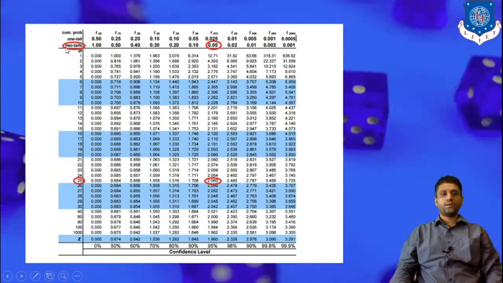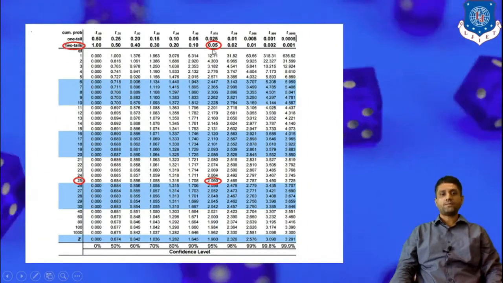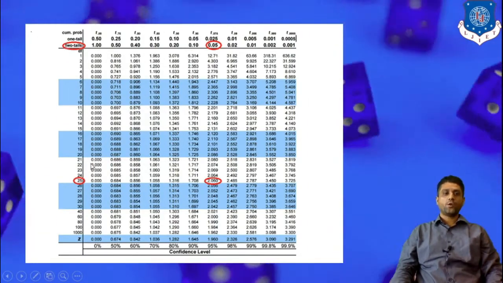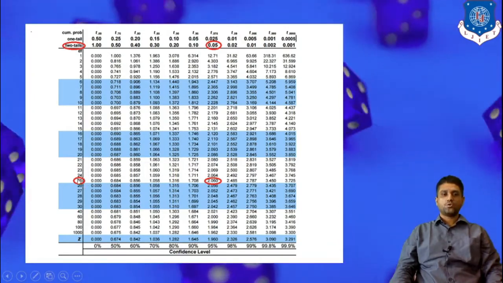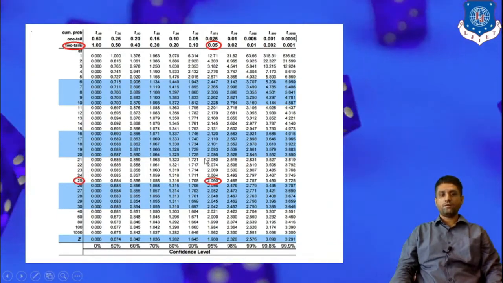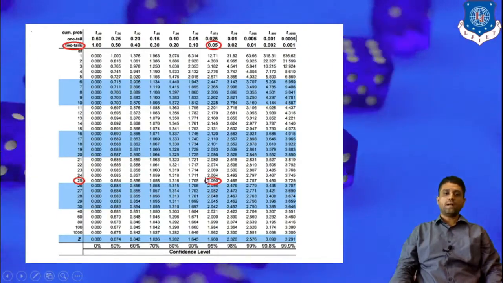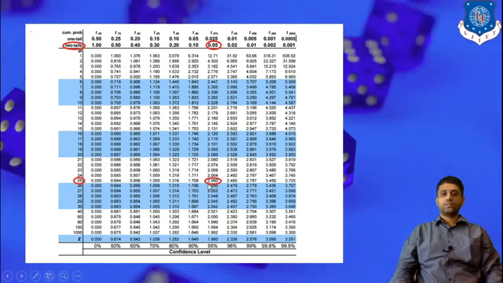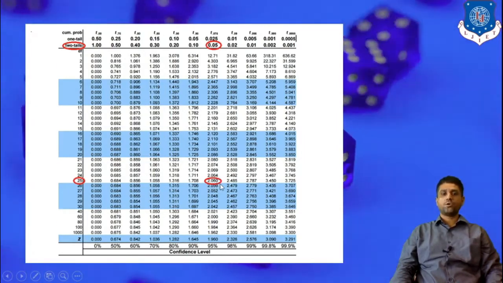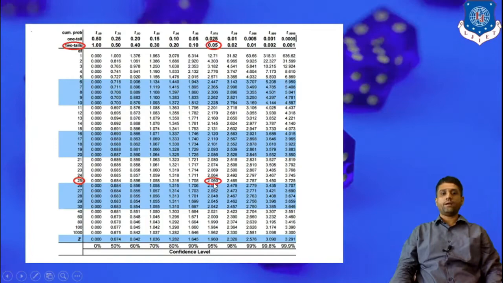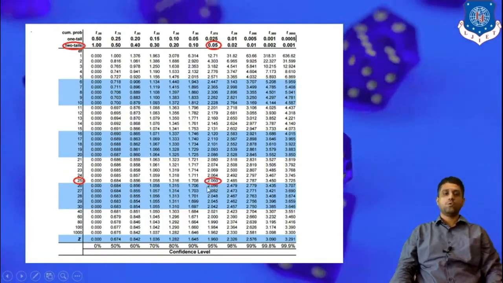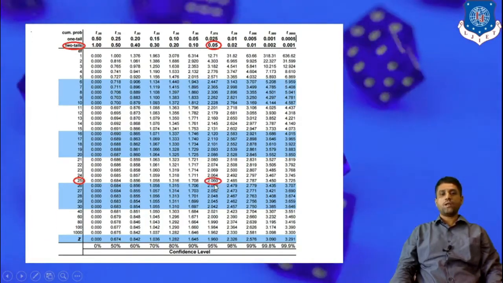Here we consider the two-sided tail, 5% level of significance, and degree of freedom 25. So the degree of freedom is 25, the level of significance is 5%, so the corresponding t value is 2.060. So that's why this value 2.060 is known as the tabulated, experimental t value, and we take this value to compare with the observed t value.